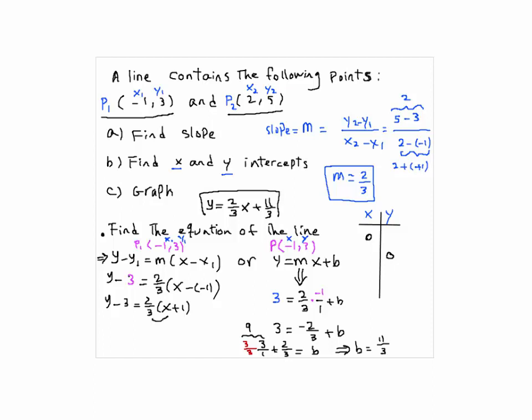Right? If I distribute here and move the 3 to the other side, you get 2/3 x plus 1 plus 3. Okay, that would be plus 2/3 plus 3/1.